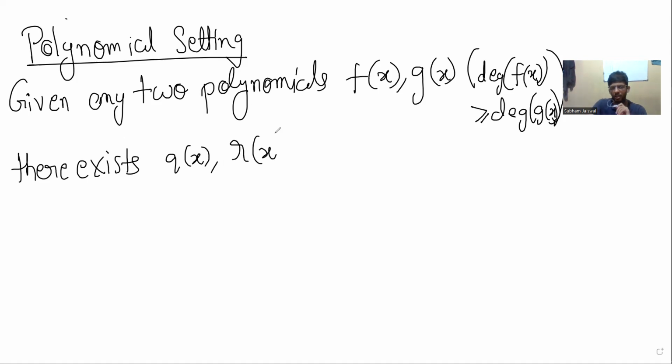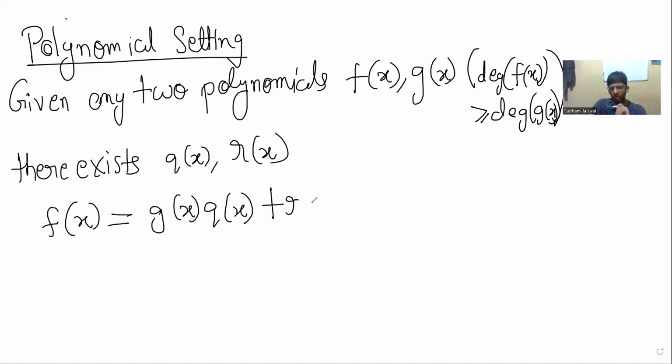So you can see it's very similar to what you have done in the case of integers. This is what you're dividing by, and you're getting a quotient, and you're getting a remainder. Is this fact correct? Yes, right.